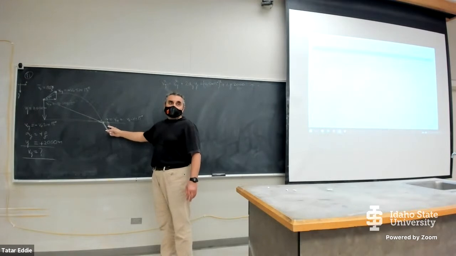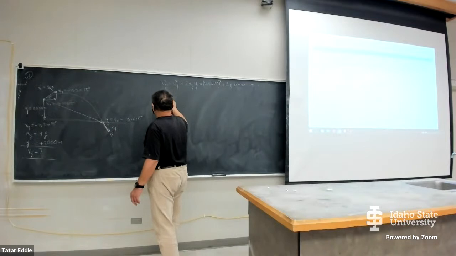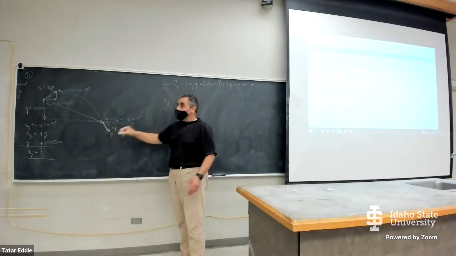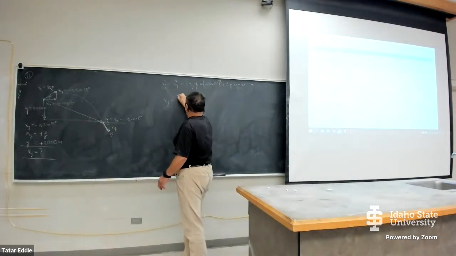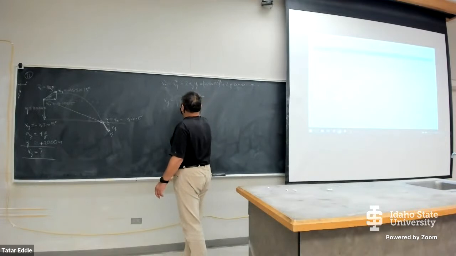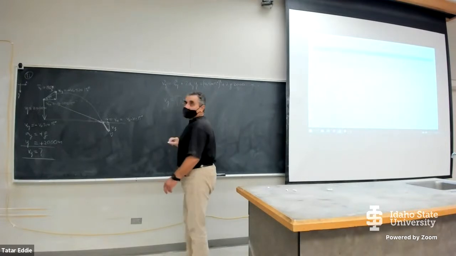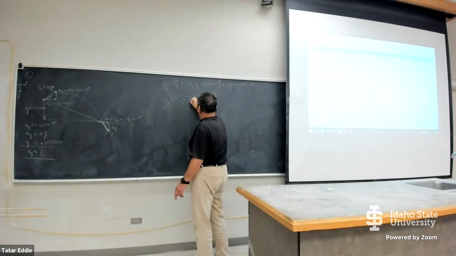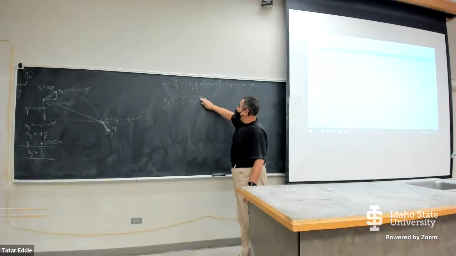And now, looking at the triangle that is formed by the components of final velocity, I can say that the final velocity which the problem is asking for is, from the Pythagorean theorem, the x component squared plus the y component squared. And that's it.